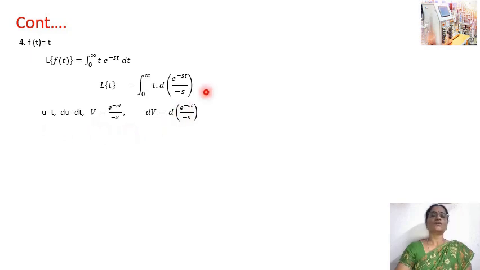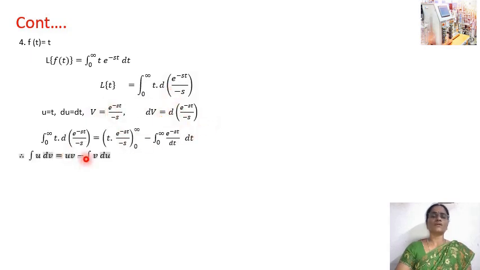So you know the integral u dv formula. What is u here? u is t, du is dt, and within the bracket we can take dv, then v follows. Now what is the formula for integral u dv? Integral u dv is nothing but uv minus integral v du. So just substitute in that format. Now take the first part here.